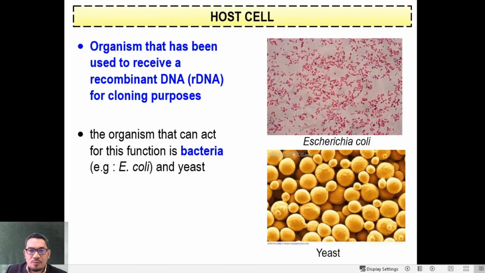The fourth tool that we use in recombinant DNA technology is host cell. Host cell refers to the organism that is used to receive a recombinant DNA for cloning purposes. The organisms that can act for this function are bacteria, example E. coli, and yeast.